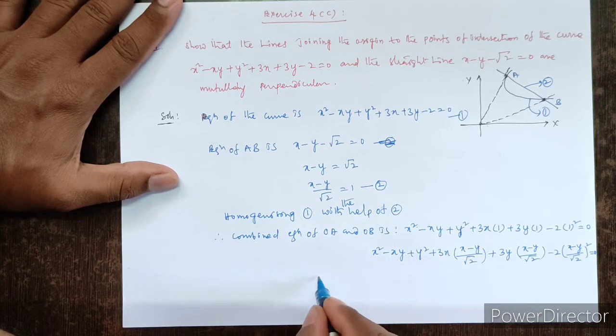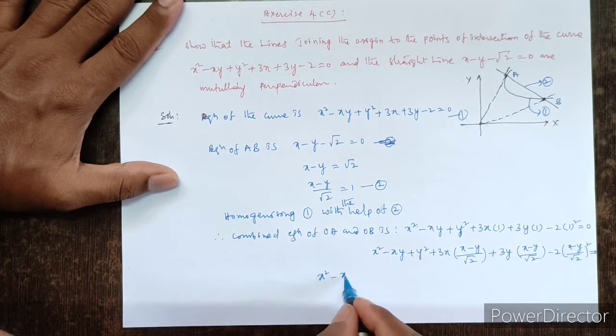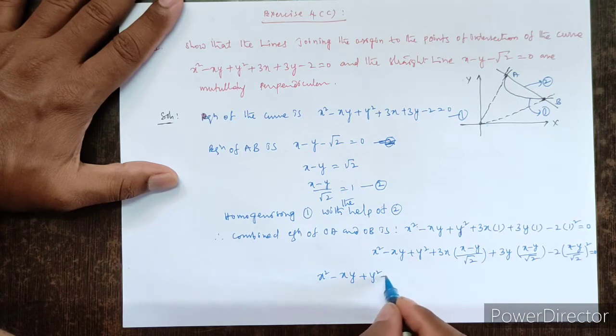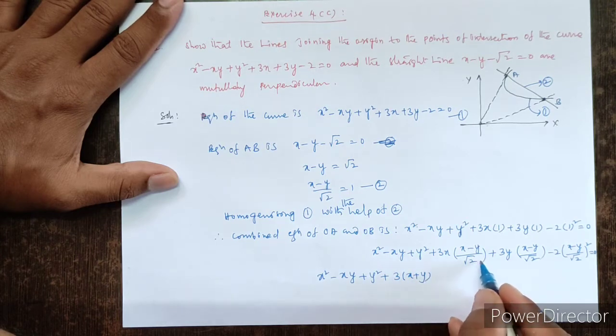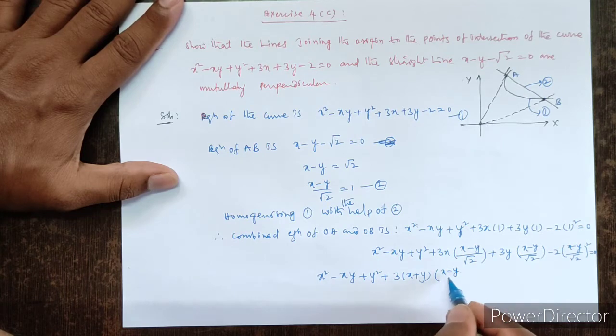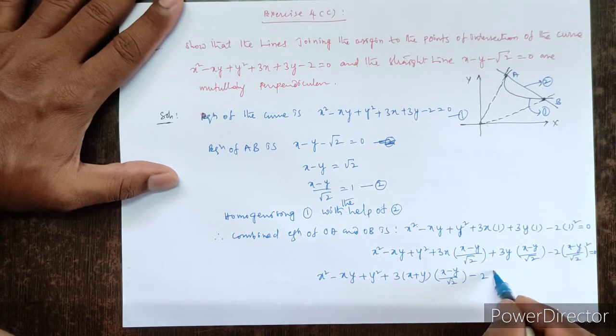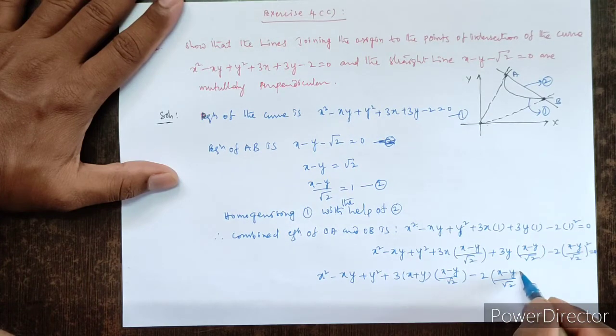So x square minus xy plus y square plus 3 of x plus y into x minus y by root 2, minus 2 into x minus y by root 2 whole square equal to 0.